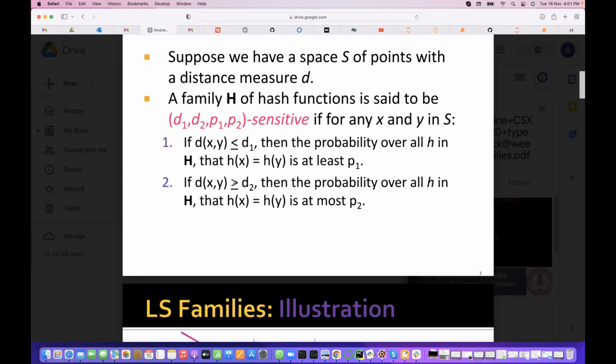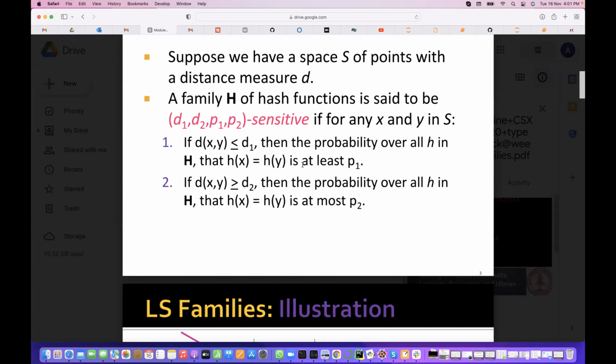Similarly, if d(x,y) is greater than or equal to D2, then the probability over all h in H that h(x) = h(y) is at most P2. So if they differ, the probability that the hash value is the same is at maximum P2. Suppose it is Euclidean distance: you may say that if the distance is less than 1, there is an 80% probability that both objects are hashed to the same value.